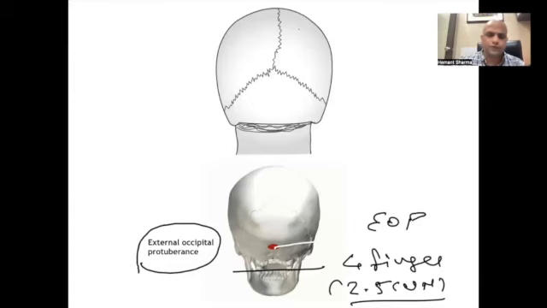So if you keep your forefinger under the fourth finger, you will feel this protruded part. That is very important in YNSA. That is called the external occipital protuberance, right?